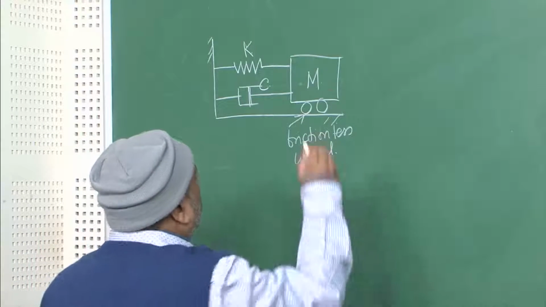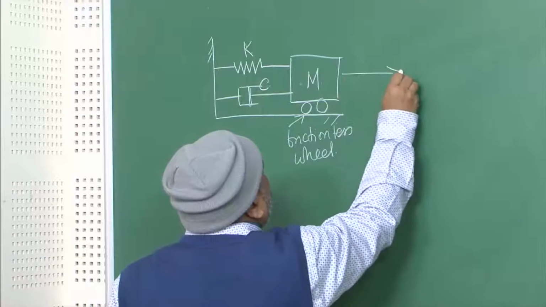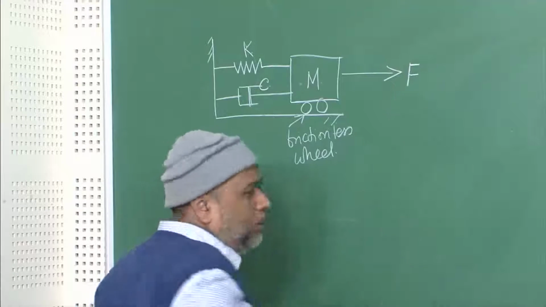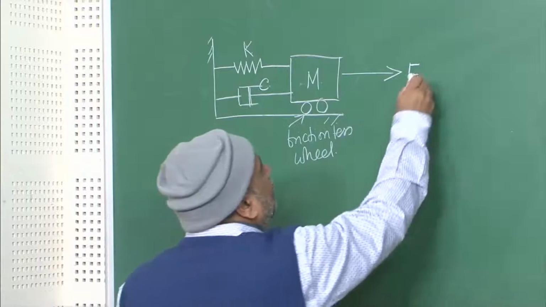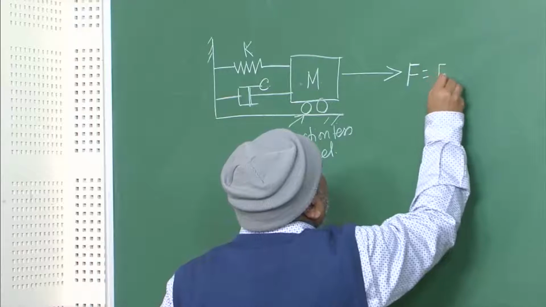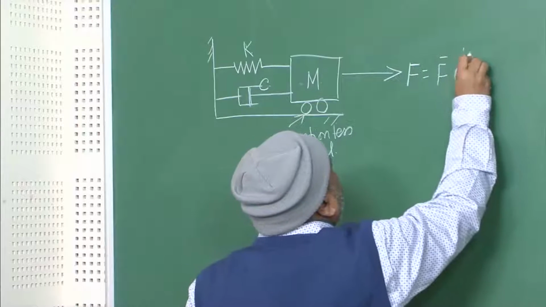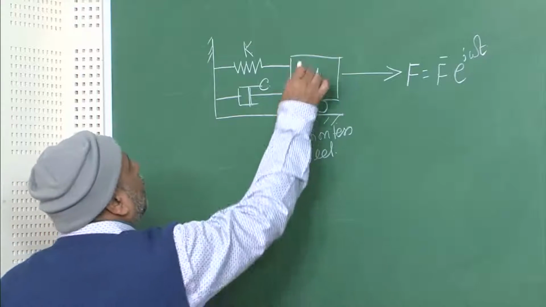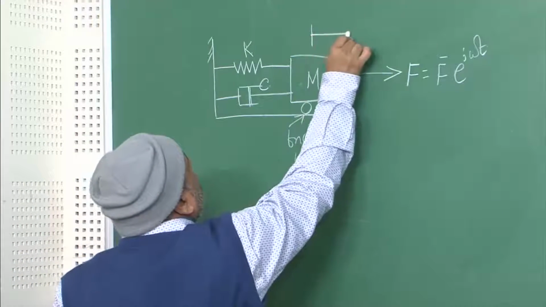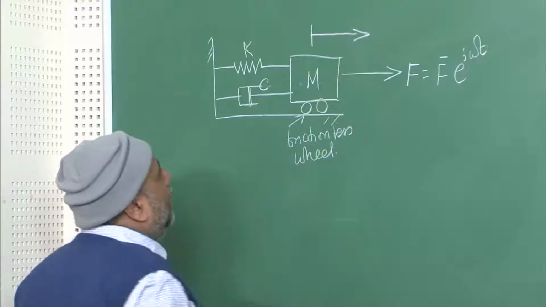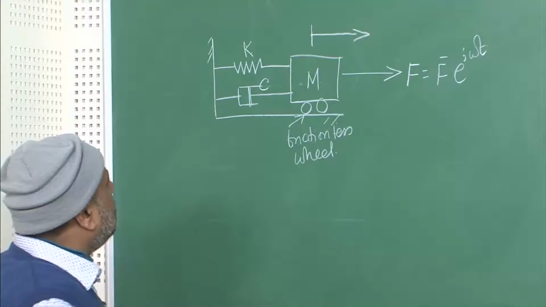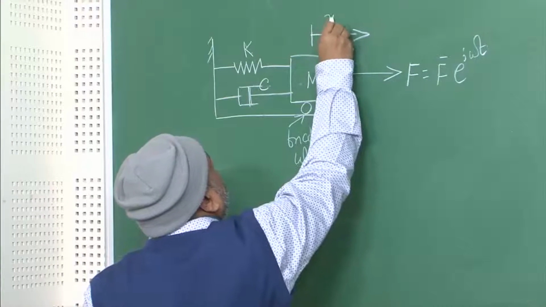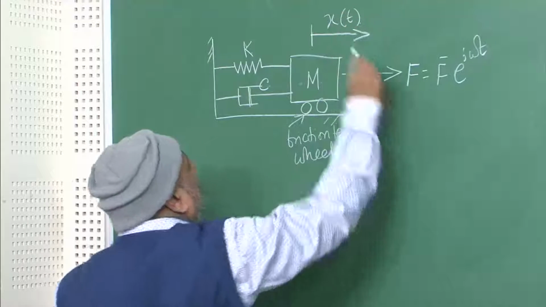And let us say that we have applied an excitation force F, which is harmonic in nature. Maybe we can represent it as F bar e raised to the power j omega t. And let us say we are tracking with the help of a sensor the displacement of this mass m when we are subjecting this system to this harmonic excitation, and let us say that this displacement is x(t).